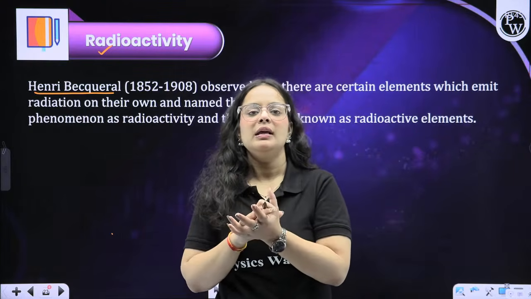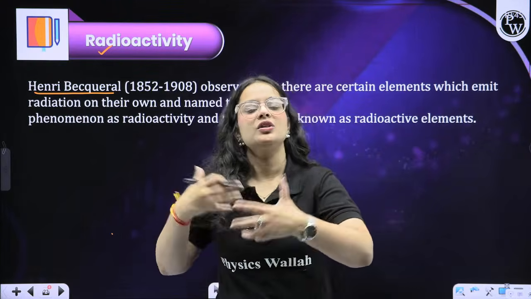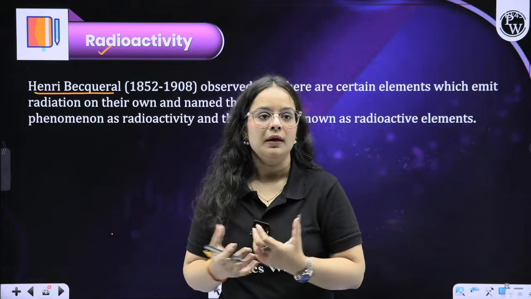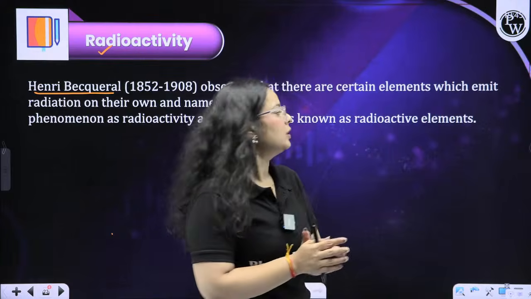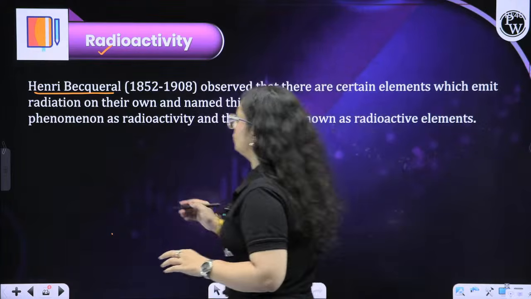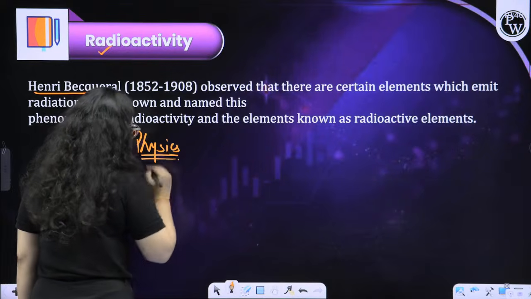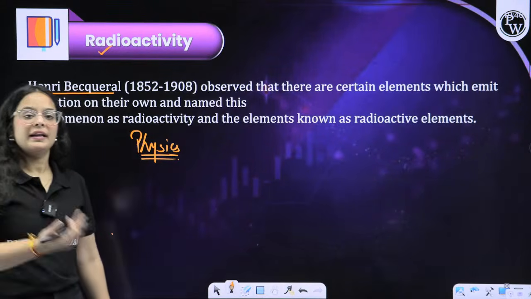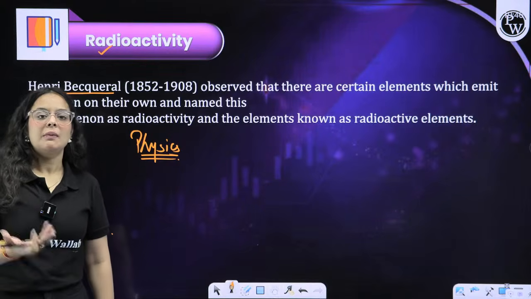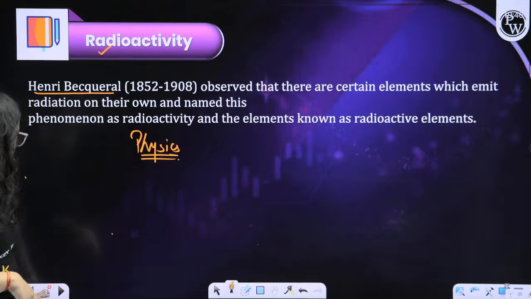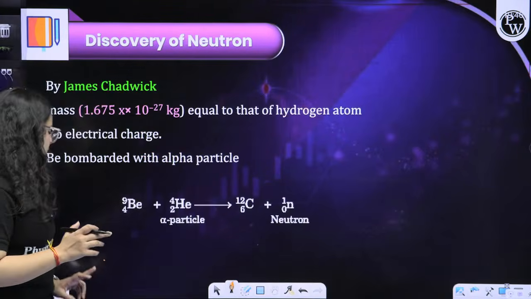So he named them radioactive elements, and the radiation produced from them as radioactive radiations. In physics, this portion will be covered in much more detail: the alpha rays, beta rays, and gamma rays, what they are and what their behavior is.